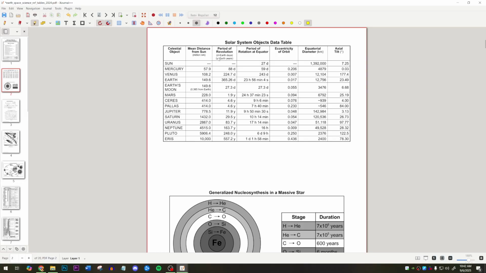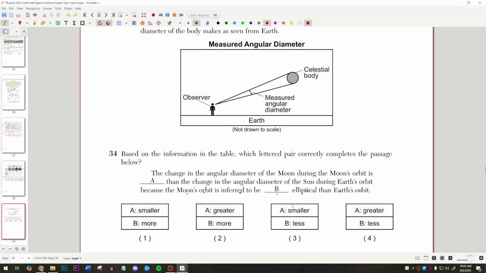We're going to go here. Earth's eccentricity is 0.017, and the Earth's moon is 0.055, so the moon's eccentricity is more, which means 1 or 2 is the answer, just based on the reference table.